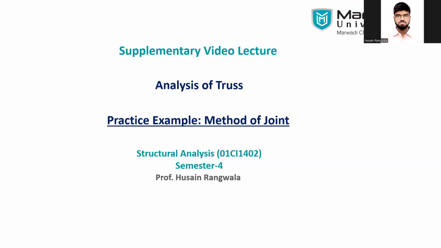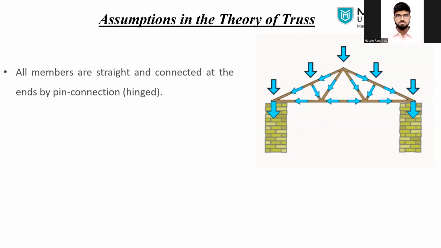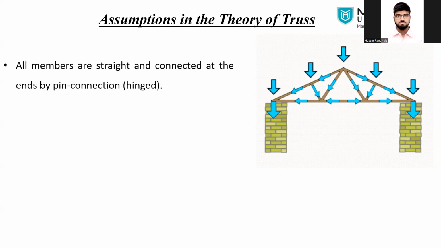Let's get started with our first topic, that is the assumptions in the theory of trusses. As we discussed in the previous session in class, there are a few assumptions we have to make before analysis of the truss. I'm just going to briefly discuss them. First, as you can see in the figure, all these members are straight and connected at the ends by hinge connections.